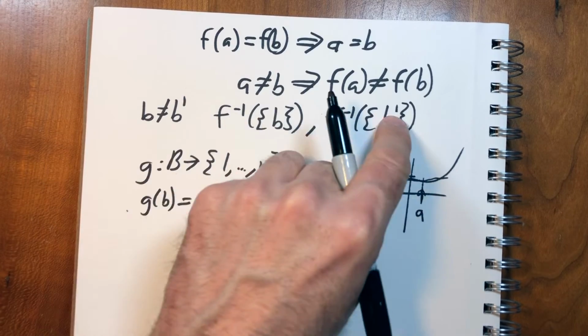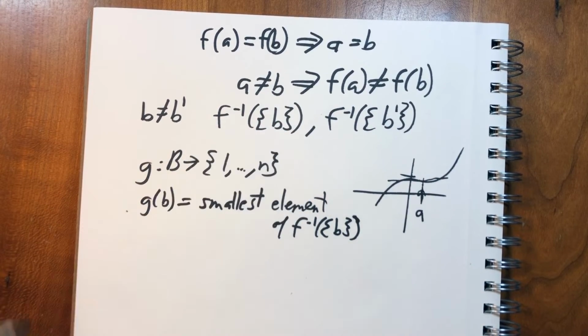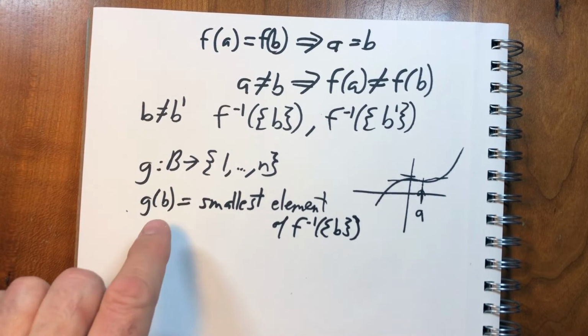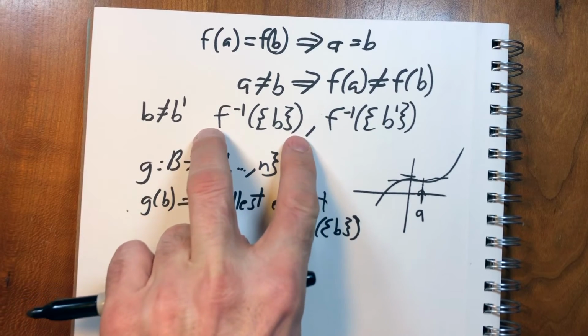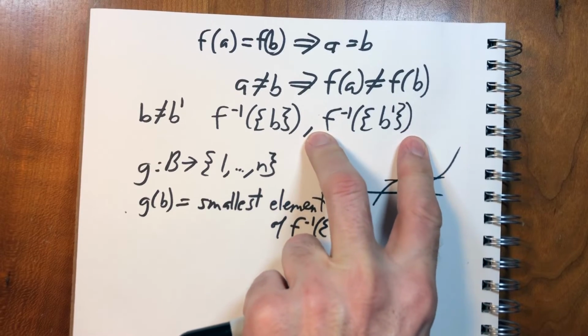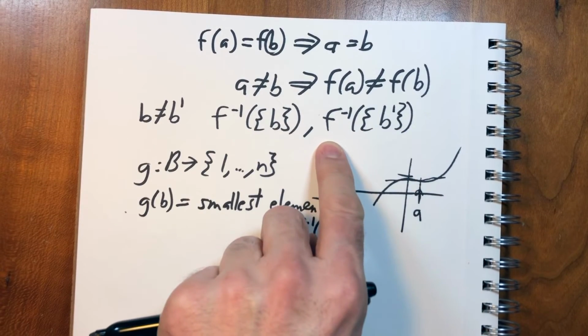And we just said that no two pre-images can have the same smallest element. So if b and b prime are different, then g of b is going to be the smallest element of this, g of b prime is going to be the smallest element of that, they can't be the same.